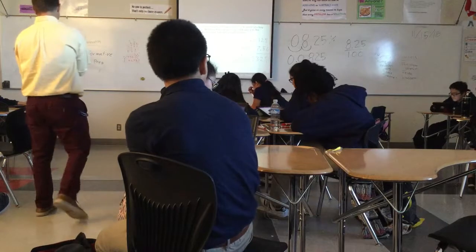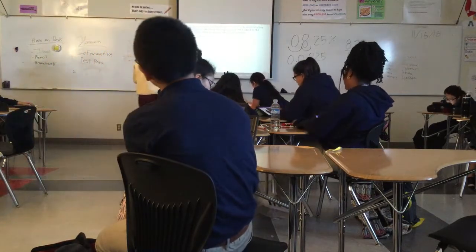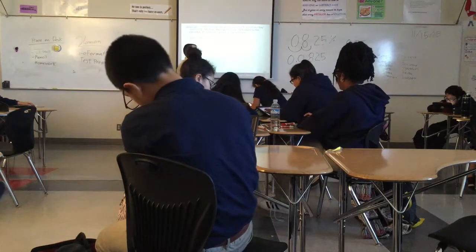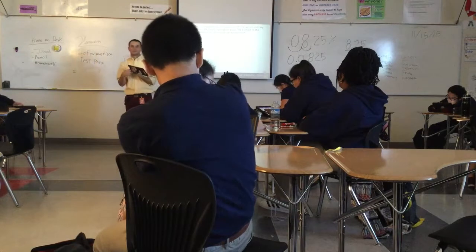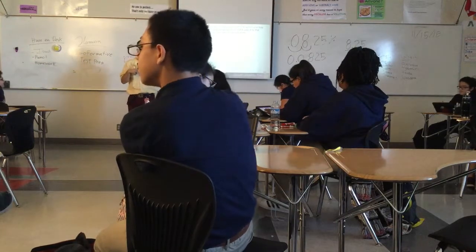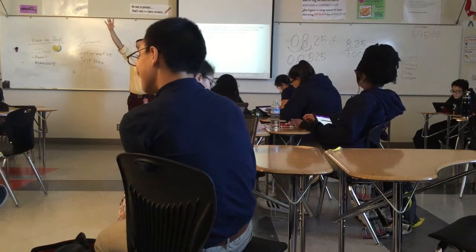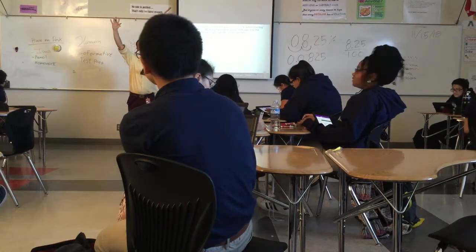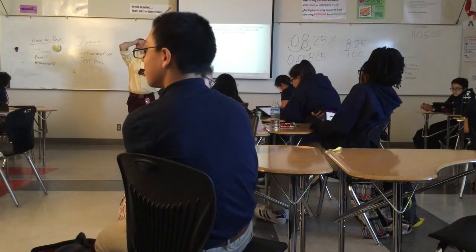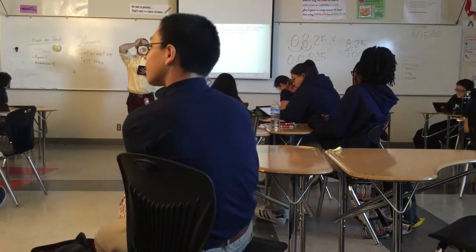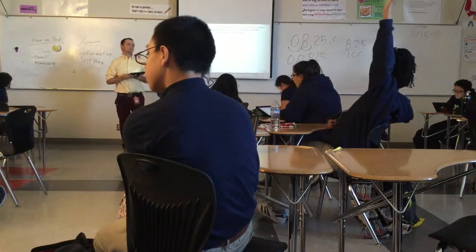The other way we could do this, to go directly to the total rather than finding the tax and then having to add: how much is the cost of my shoes in a percent amount? Listen to the question. How much is the cost of the shoes in a percent amount?